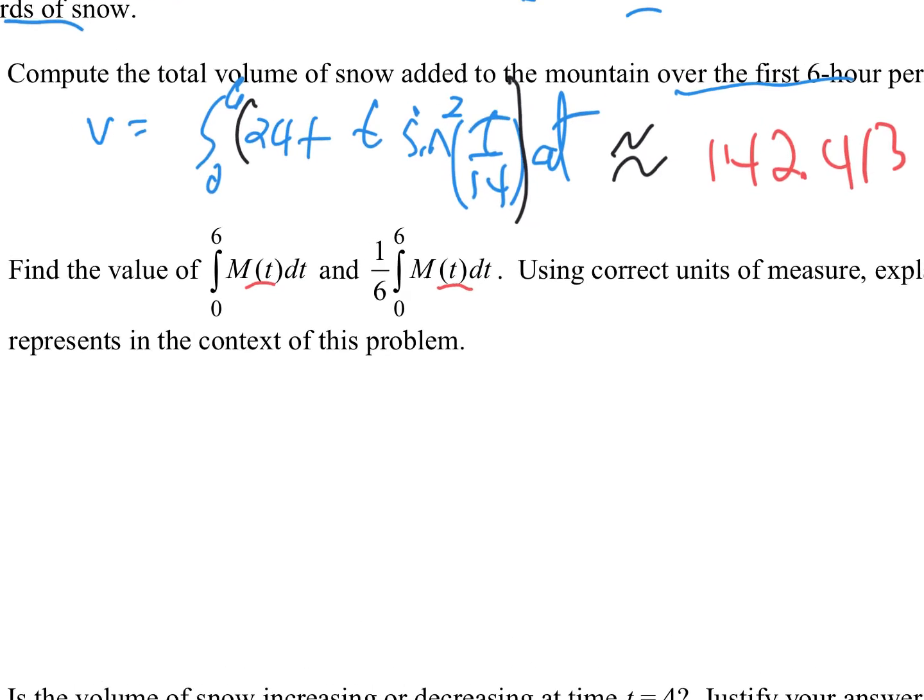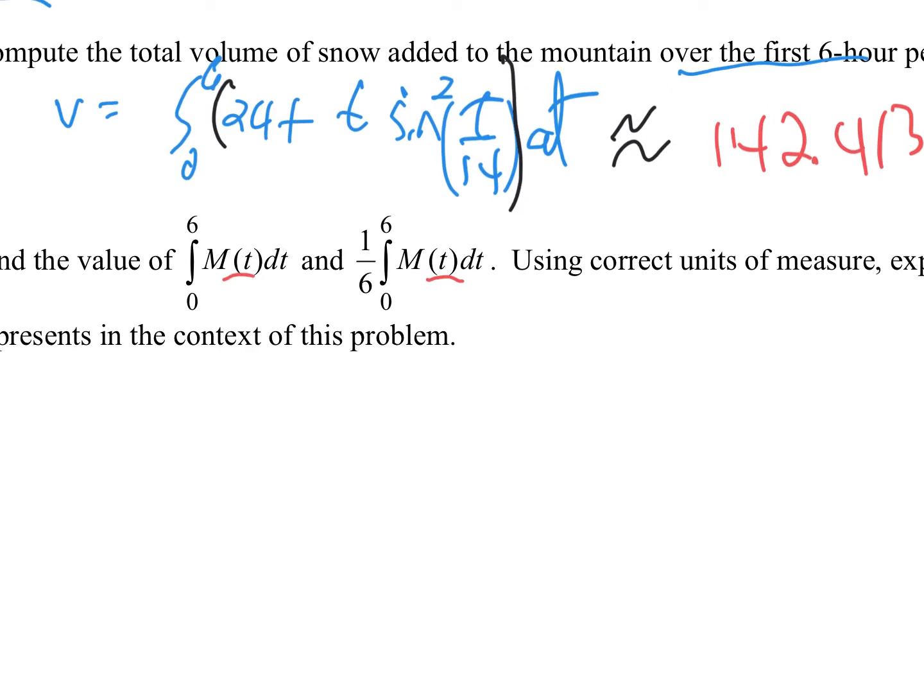Wonder why we're doing 1 out of 6. I'm looking at my limits. A to B, and B minus A would be 6 minus 0. This is the average value. This is the accumulation of melted snow.